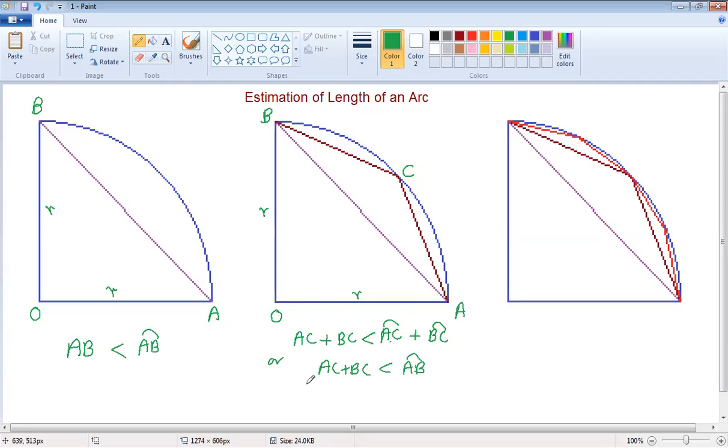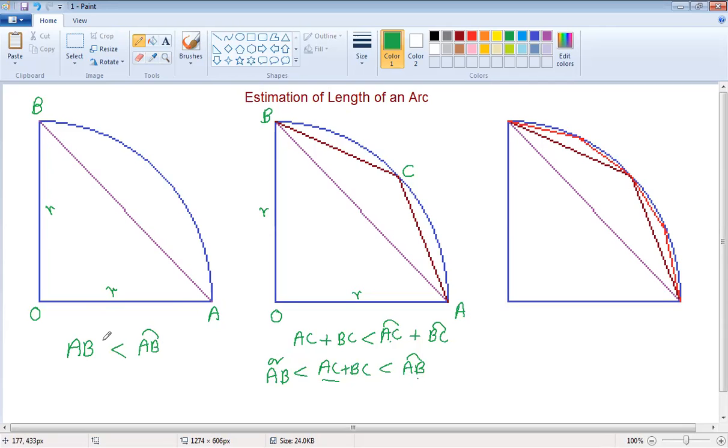But in the triangle ABC, AC plus BC, being the sum of the two sides, is greater than the third side. That means the third side AB is less than AC plus BC, which is further less than arc AB.